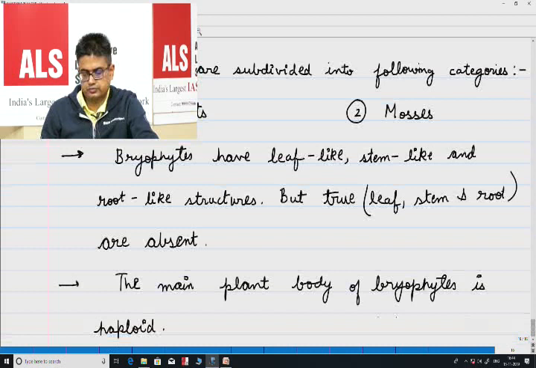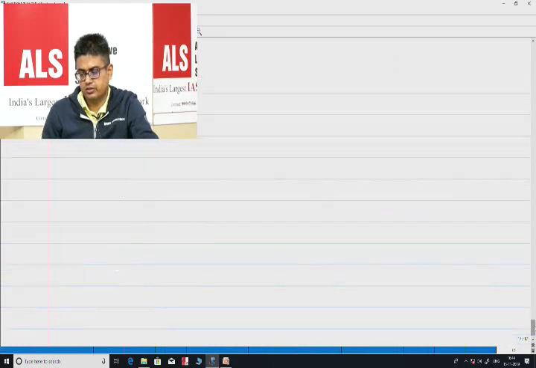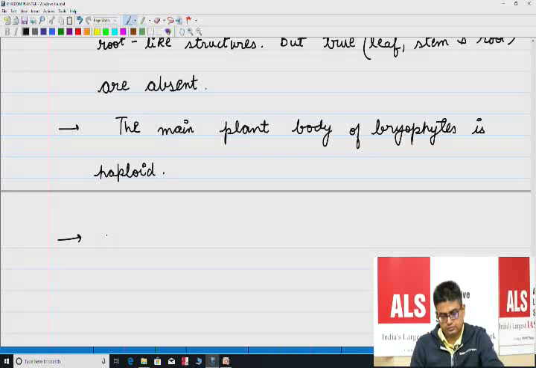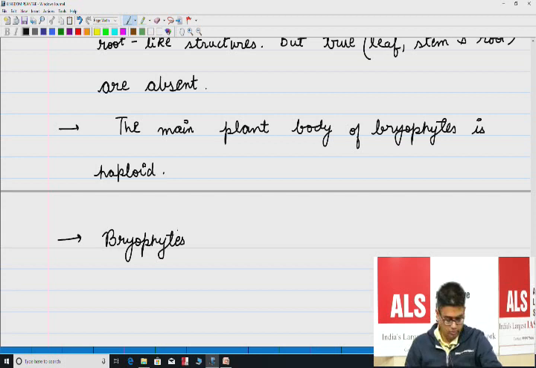Also, bryophytes have multicellular sex organs.